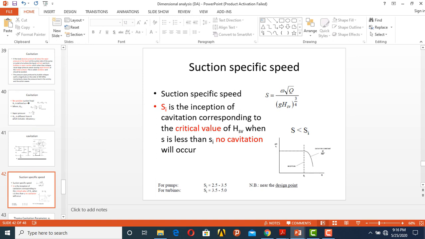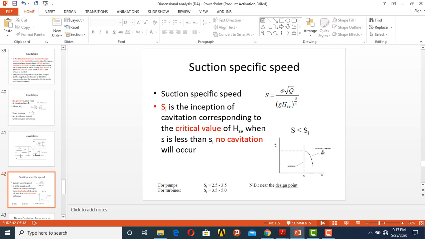So for the specific speed for suction head, it is given by the ratio of flow coefficients over head coefficients. But in this case, the head is not the natural head to which the pump shall pump.